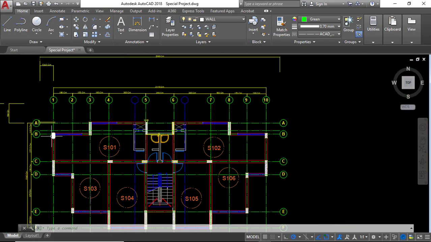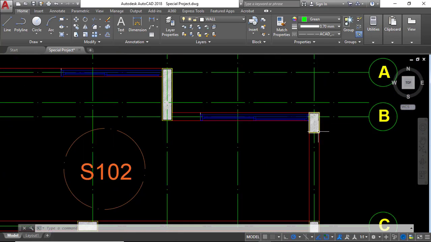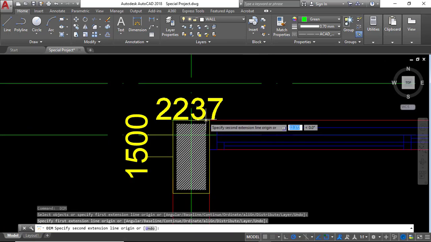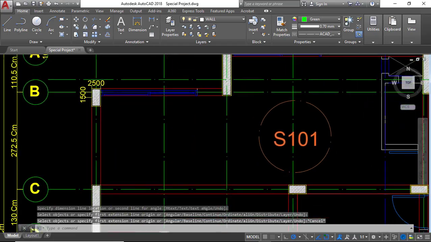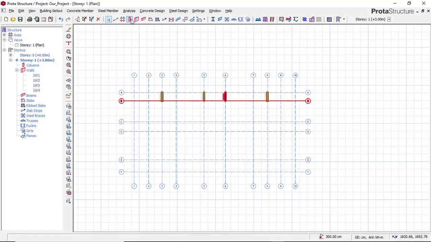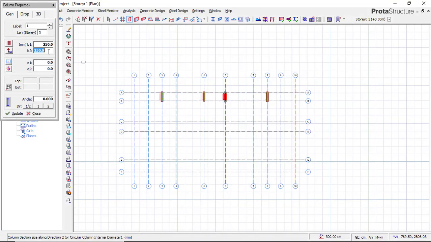Now we have to draw columns 1B and 10B. They have dimensions of 25 times 50 centimeters and a y eccentricity of minus 15 centimeters or minus 150 millimeters.